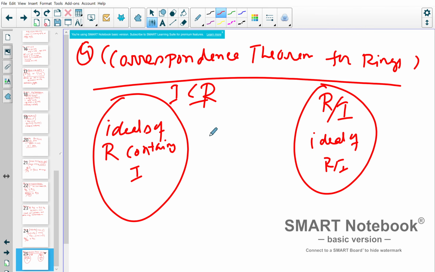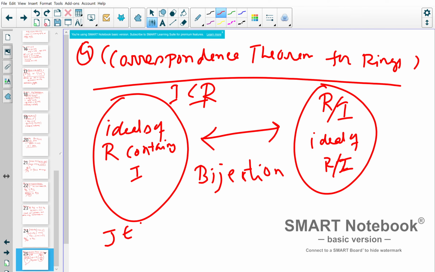And the correspondence theorem tells you that there is a one-to-one bijecting map. So there is a bijection between these two sets. What does that mean? That means if you choose an ideal J of R containing I, then you send this ideal to J mod I. We just proved that J mod I is an ideal of this R mod I, right?